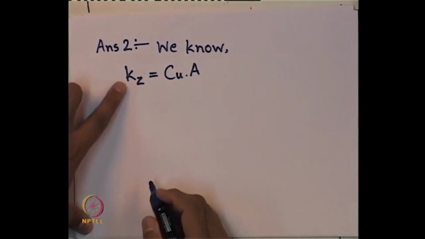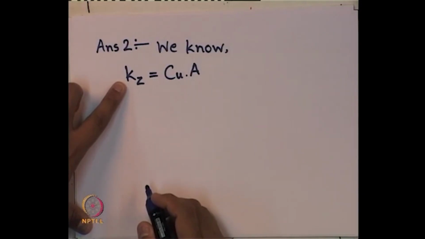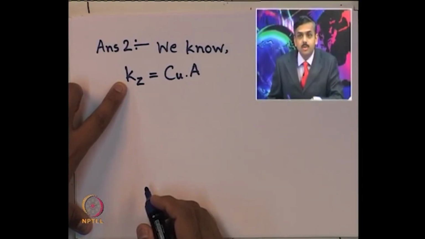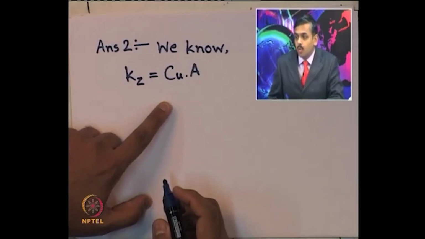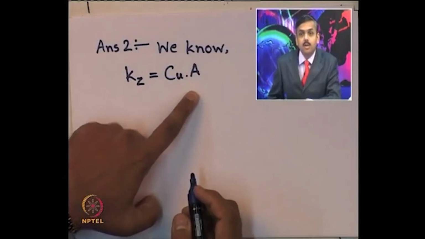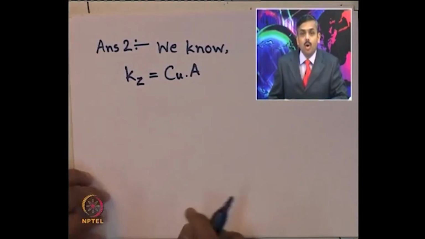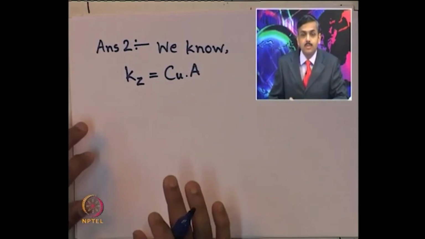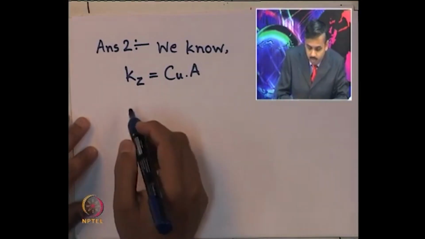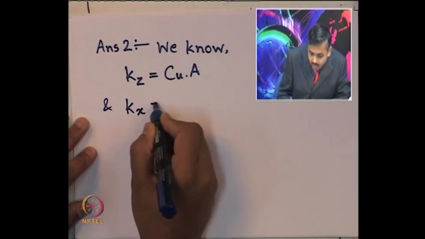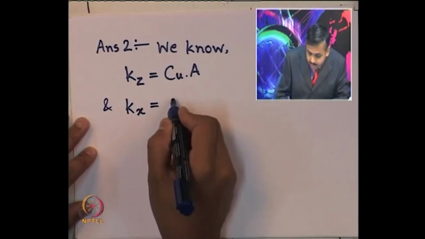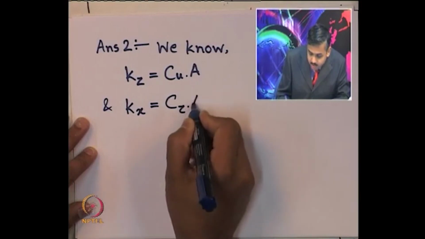K z is nothing but the spring constant for vertical mode of vibrations of a machine foundation system, and C u is already defined as coefficient of elastic uniform compression, and A is the cross sectional area on which the vibration is subjected to for the mode of vertical vibration. And for horizontal mode of vibration, this K x is given as C tau times A.